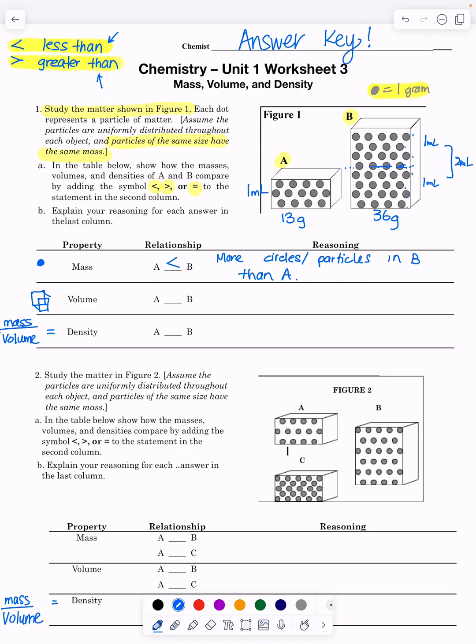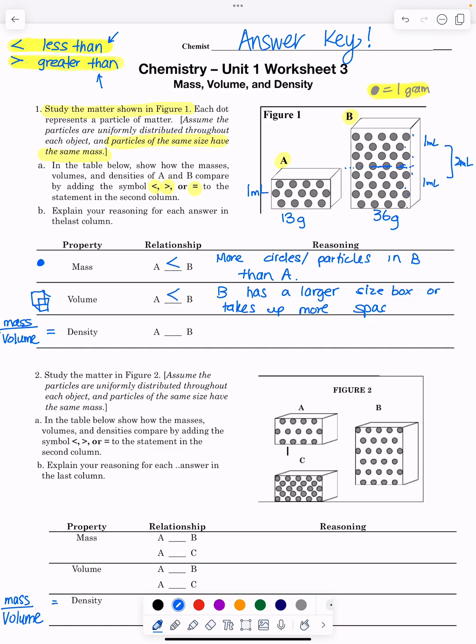So I would say B is larger than A in volume. So for volume, I'm going to say that A is less than B. And I would say B has a larger size box or takes up more space.